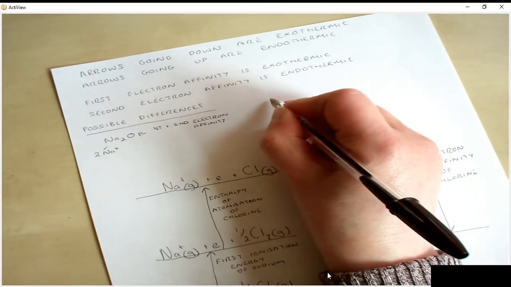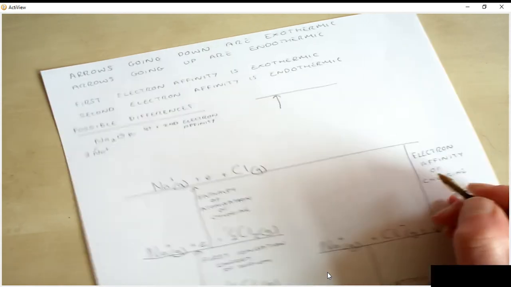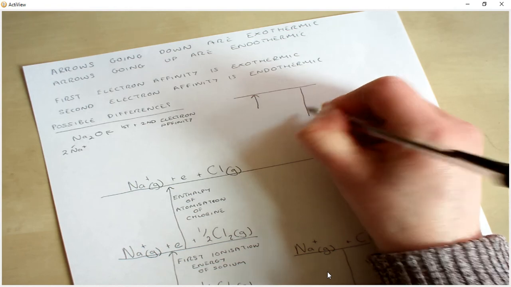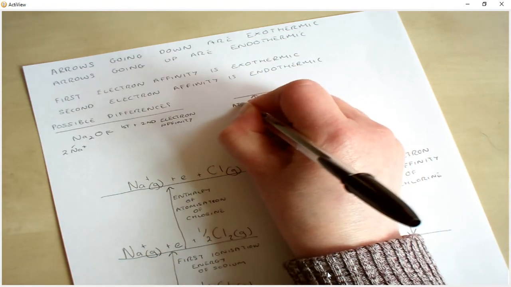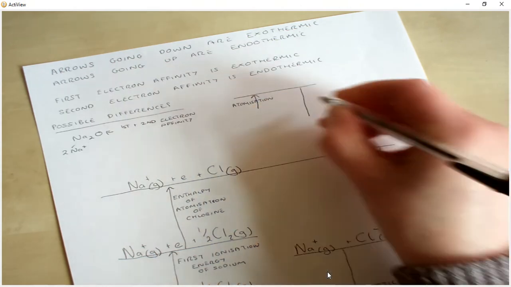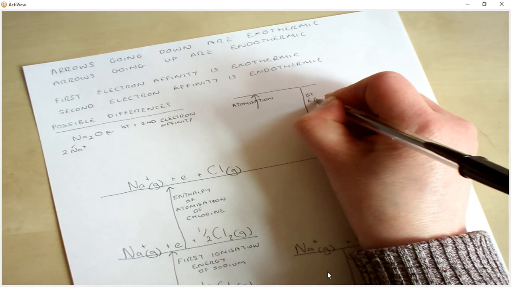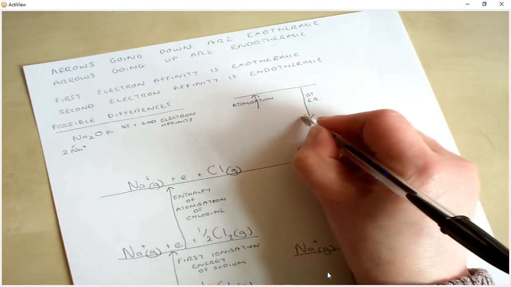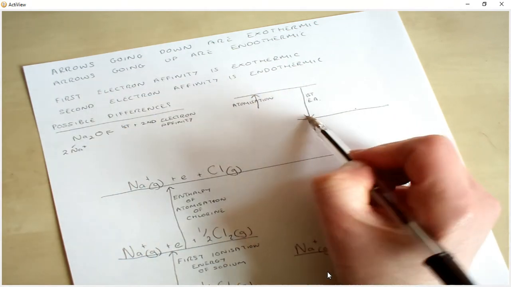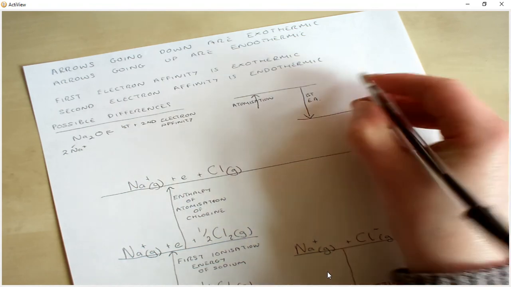And because of that, the top of this Born-Haber cycle is going to look like this. So that's my atomization. Then I'll have the first electron affinity there. And the first electron affinity is exothermic, the second electron affinity is endothermic, so the arrow's got to go up.